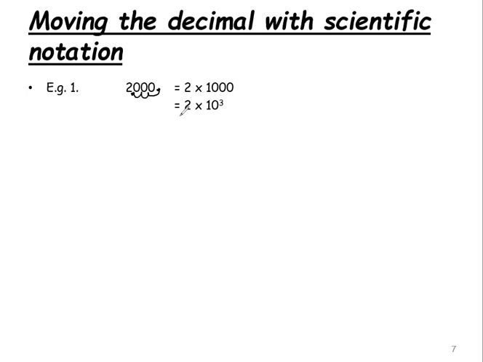So now that the decimal is there, you'll end up with 2 times 10 to the exponent 3, because you shifted the decimal 3 places to the left. You must get acquainted that a left shift equals a positive exponent.